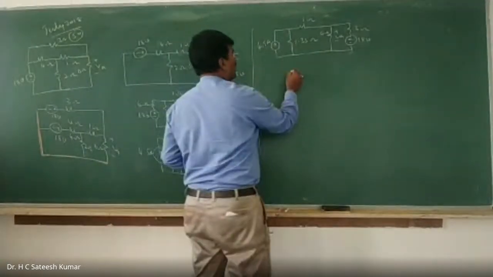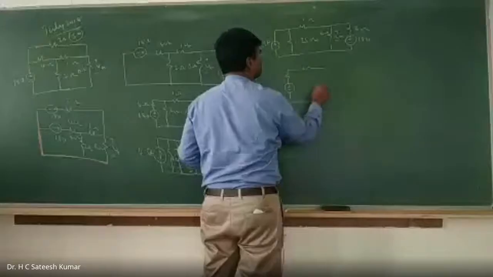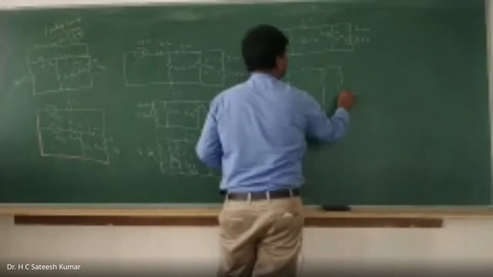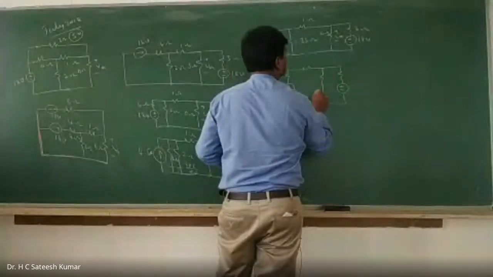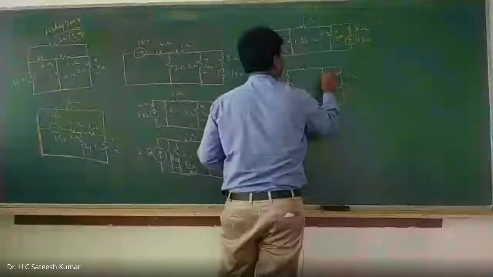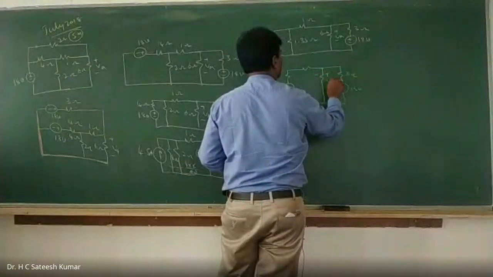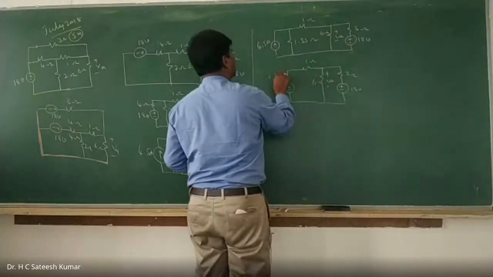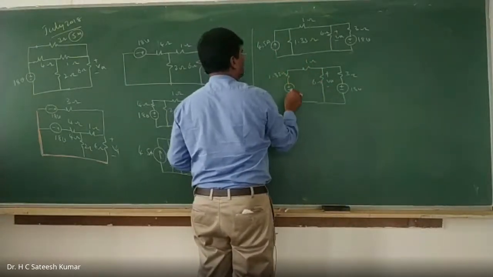If you want to simplify series, convert it into voltage source. Therefore, three ohms, 18 volts, plus minus VA, 6 ohms, 1 ohm, 1.33 ohms, and this one.